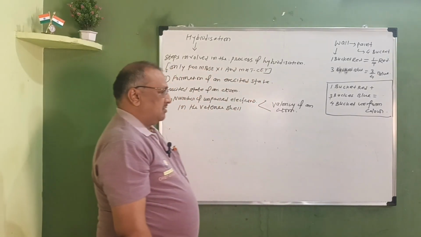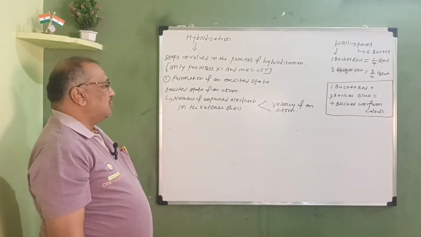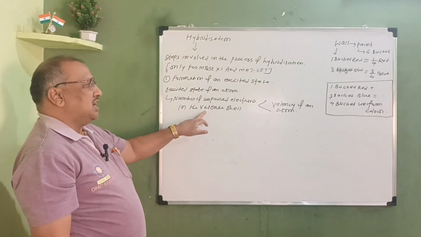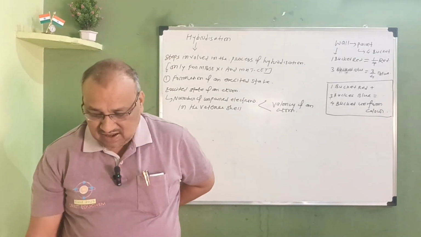Now listen here. The excited state of an atom is formed only when the number of unpaired electrons in the valence shell is less than the valency of an atom.